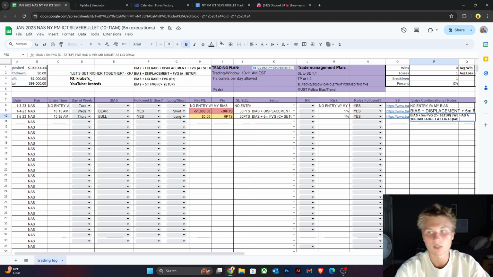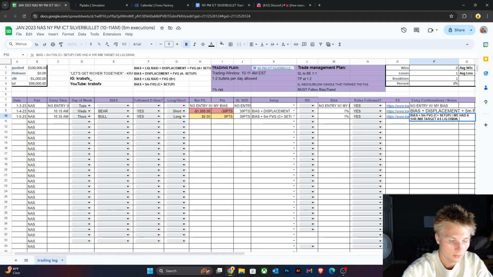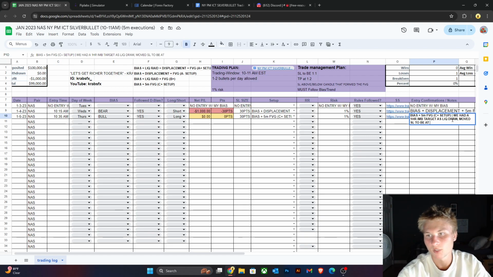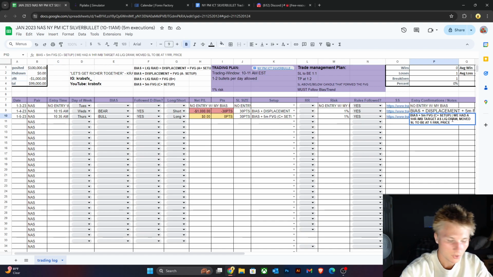And the main thing about this trade was that I moved stop loss to break even at 1-to-1 RR, but price went to hit BE, then continued up to TP.